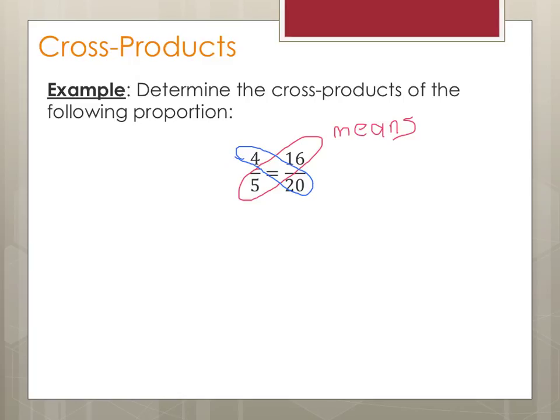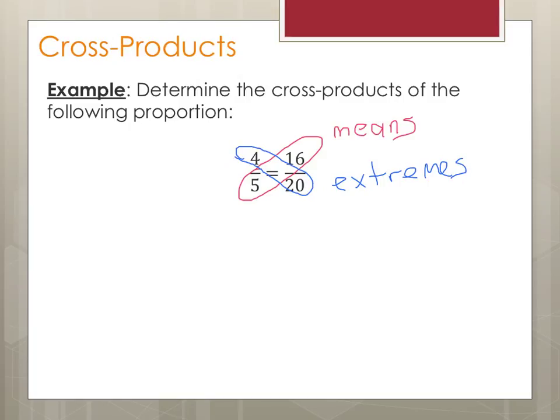And these two diagonal terms we'll call the extremes. Okay, I just wanted to show you those terms because you will see them in your homework for this section, but we won't use those too often when we talk about cross products and proportions in this class.